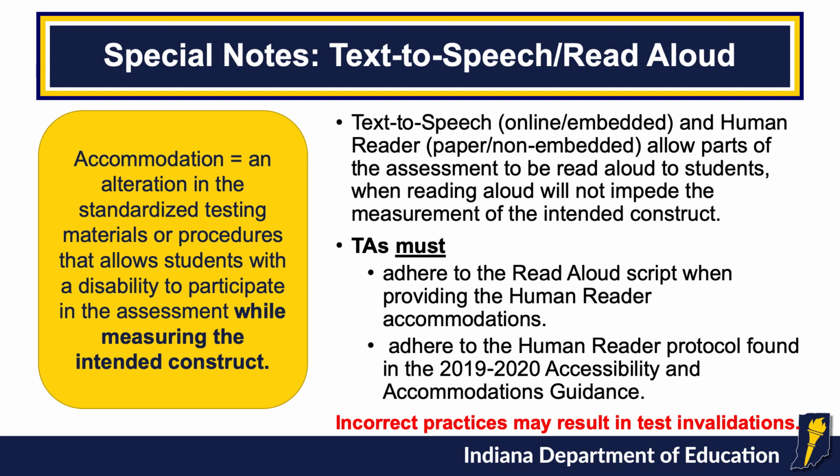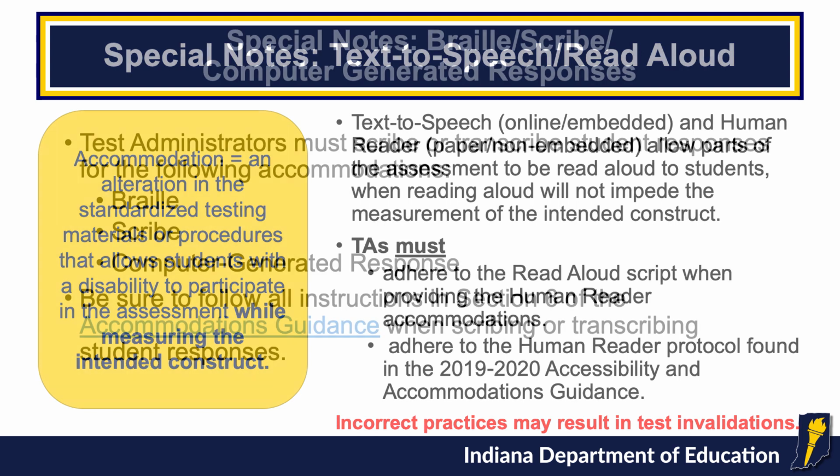Remember that an accommodation is a change in the standardized testing materials or procedures that allow students with a disability to participate in the assessments while still measuring the intended construct. Because of this, only portions of the assessment are read aloud to students. The assessment must also be read aloud in a standardized fashion. For these reasons, TAs must not stray from the read-aloud script when providing this accommodation.